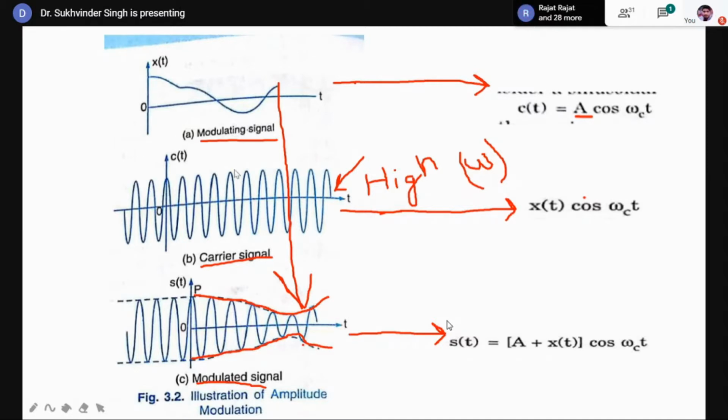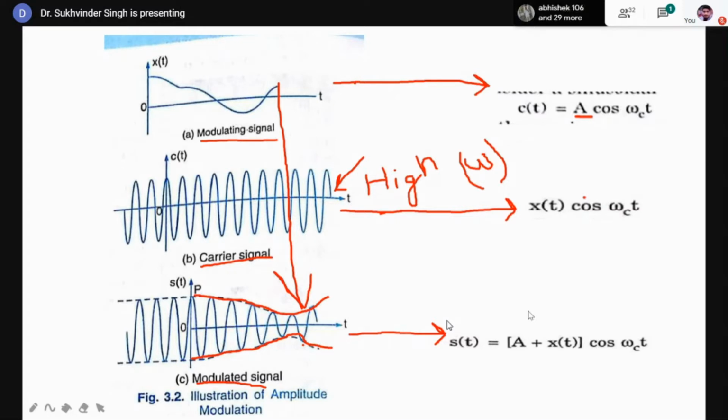And what are the characteristic properties of this carrier wave? These are the amplitude, the phase, the frequency, the width, etc. So in amplitude modulation, the amplitude of the carrier wave will be changed, and the shape of the envelope will now look similar to the modulating signal.